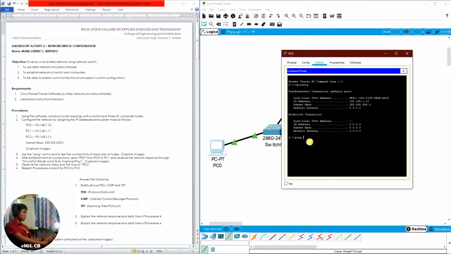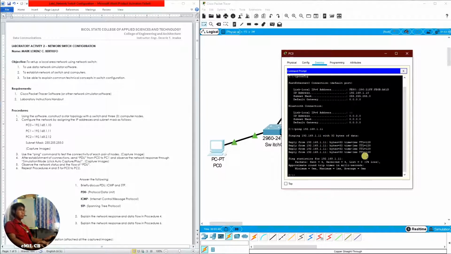So we're going to ping PC1, which uses 192.168.1.11. It uses 32 bytes of data. Ping statistics show 0% loss, and the approximate round trip average is 0 milliseconds. Next one, we're going to ping PC2, which uses 192.168.1.12. It uses 32 bytes of data, ping statistics 0% loss, and the approximate round trip average is 0 milliseconds.